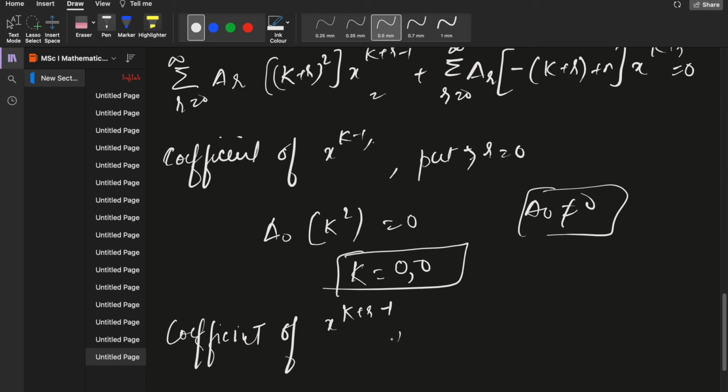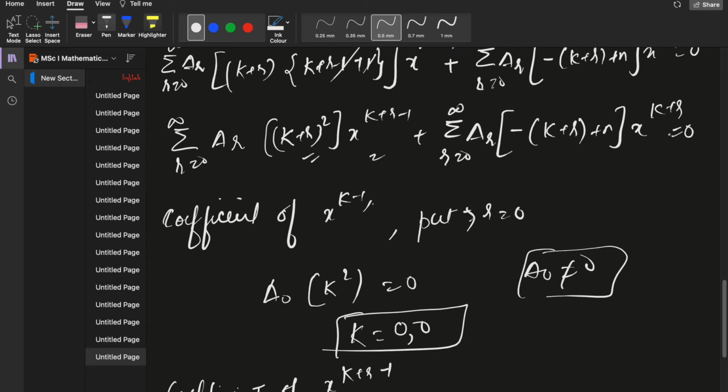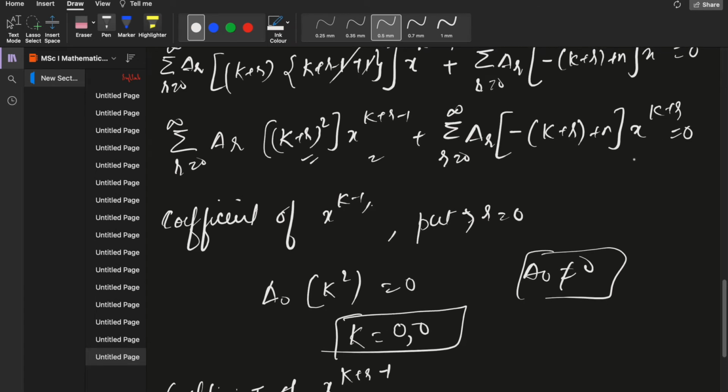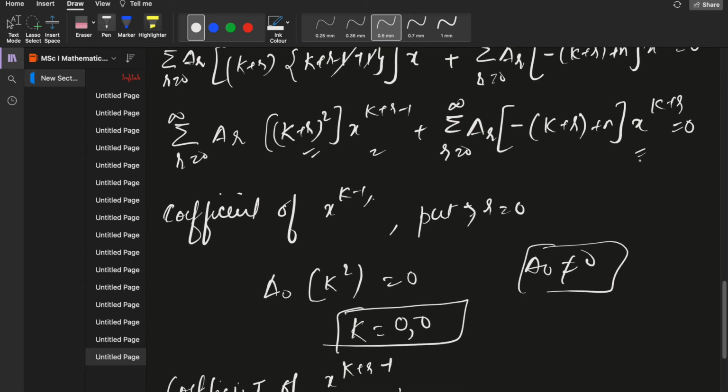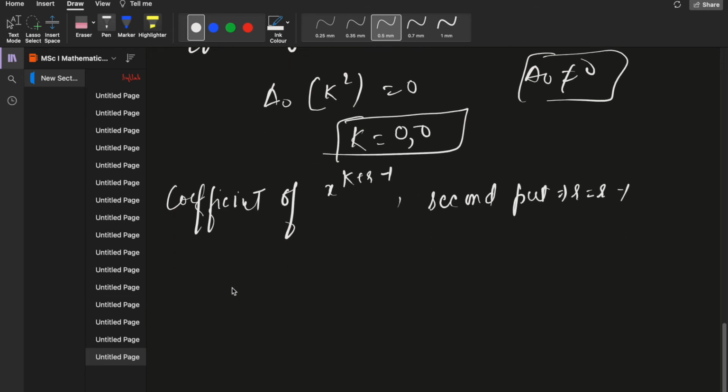Alright, so I can see this term is exactly what I want, and here in the second term we need to put r equals r minus 1. So the first term is as it is.